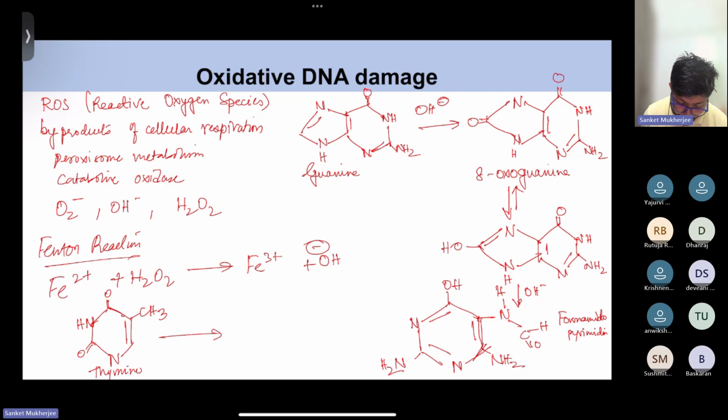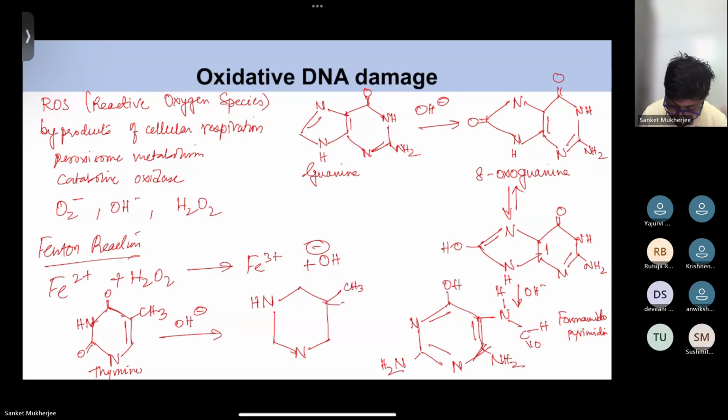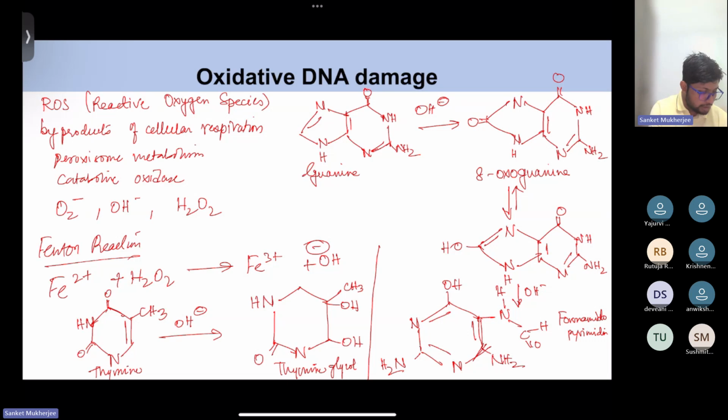Due to the hydroxyl radical, it can form thymine glycol, whose structure is like this. So this is the structure of thymine glycol. These are all unusual bases, and these are damaging to the cell. So I hope you guys have been following till now.